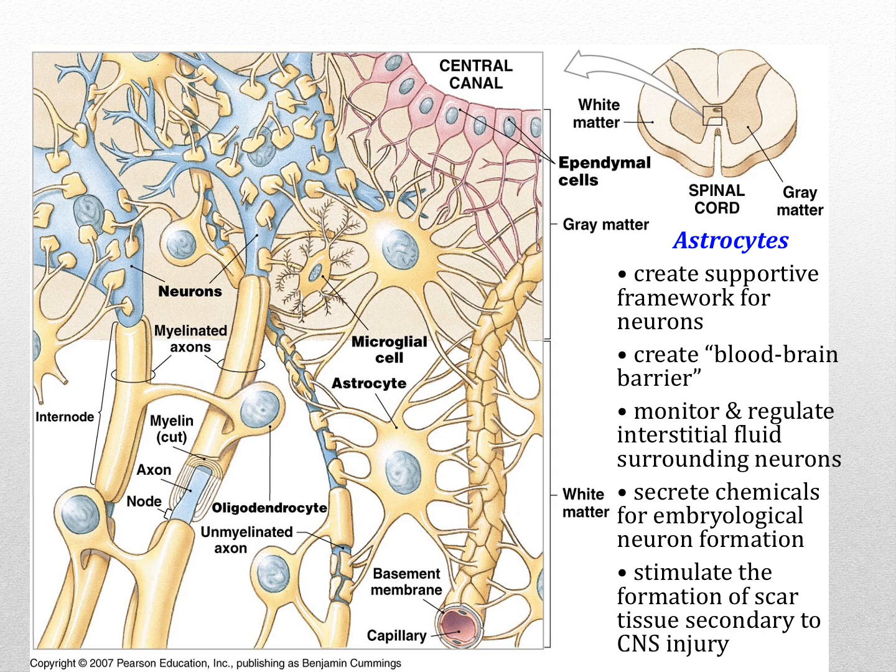So what are the functions of astrocytes? They create a supportive framework for neurons, but what they're doing right now on the blood vessel is creating the blood-brain barrier, or BBB. It's not alone in this.